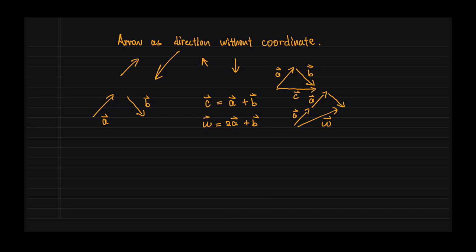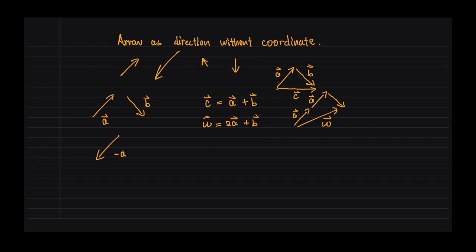And given an arrow, which is pointing to some direction, we can also define the opposite arrow. For example, looking at the arrow A, we can have an arrow pointing in the opposite direction.